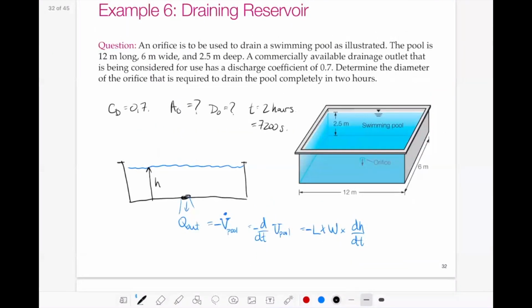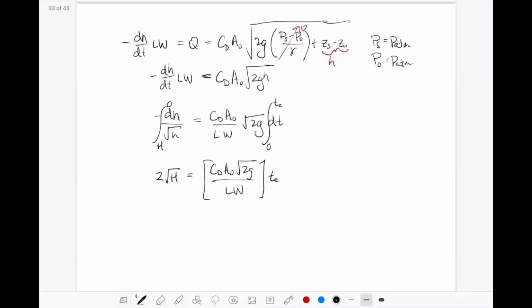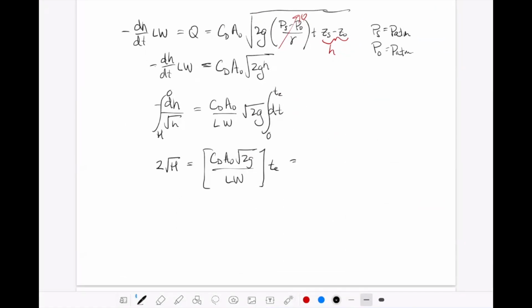Let's define T empty up here, so it's different than T. So we know all those values, and we need to just rearrange for A0.